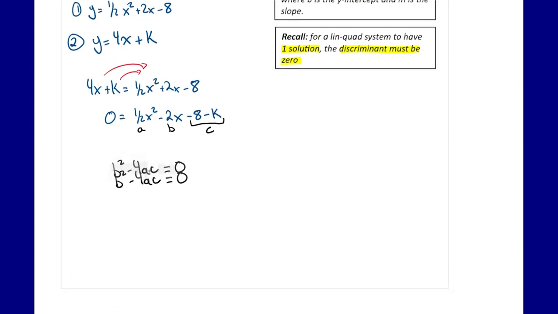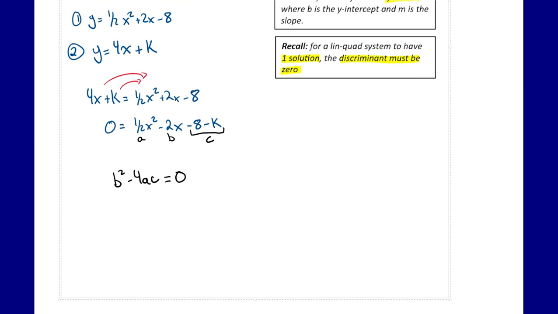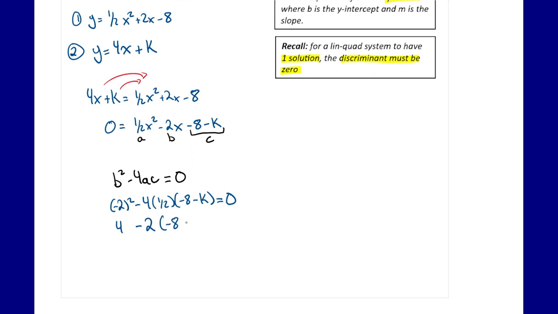So I'm going to take those three values and plug them into the discriminant. So negative 2 squared minus 4 times 1/2 times negative 8 minus k equals 0. I'm going to simplify. I have 4 minus 2 times the quantity negative 8 minus k equals 0.